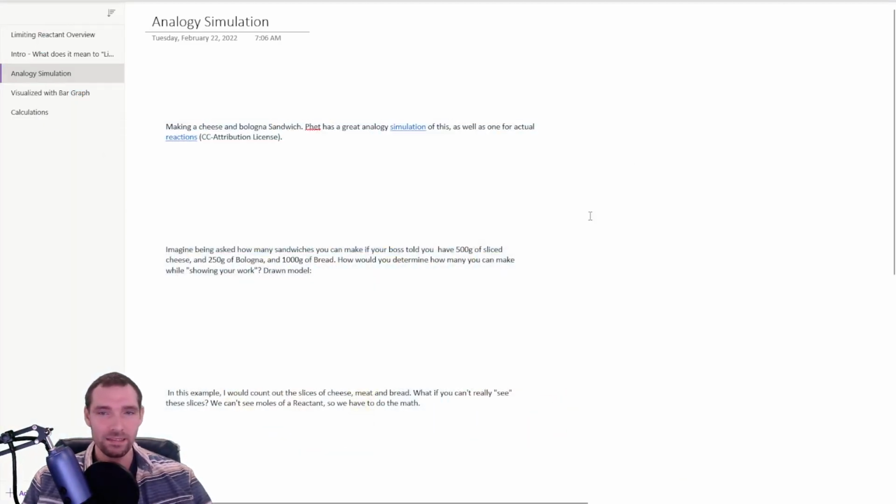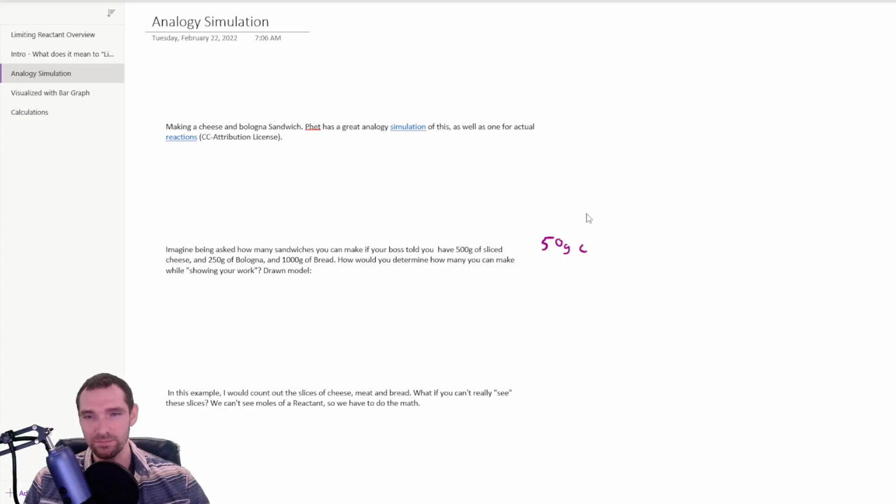So it's kind of weird to think about. Someone wouldn't really tell you that you have 500 grams of sliced cheese, but let's say that 50 grams of cheese is equal to one slice of cheese. And we're going to do the same thing with the bologna.